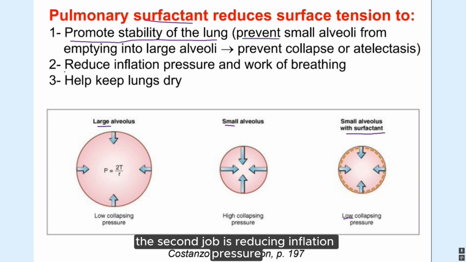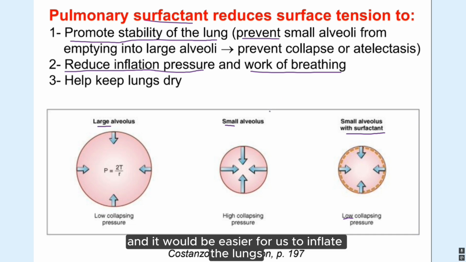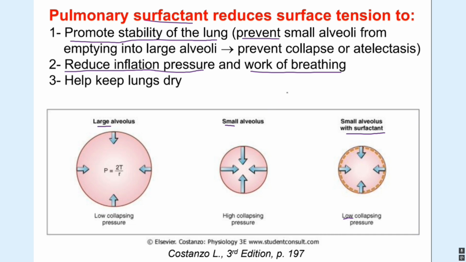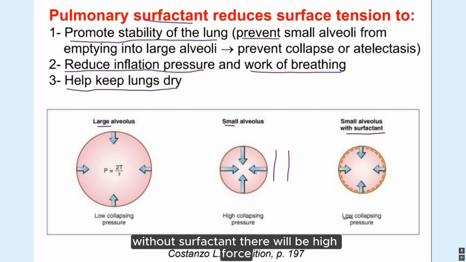The second job is reducing inflation pressure and the work of breathing. By reducing surface tension, we are increasing the compliance and it will be easier for us to inflate the lungs. The third job is what's interesting. It says that it keeps the lungs dry. But how? Let's imagine a blood vessel over here. Without surfactant, there will be a high inward pulling force, which will create somewhat of a suction effect.